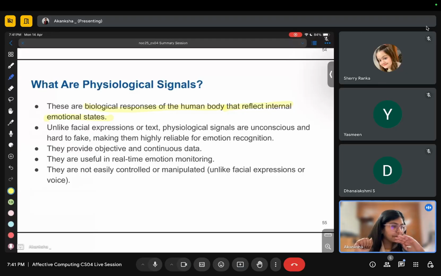So unlike facial expressions or text, so if you're typing something, you know what you're typing, it is controllable, voluntary. Same facial expressions, you can fake those expressions, I can fake a smile, but physiological signals are there when it is internal and it is involuntary.